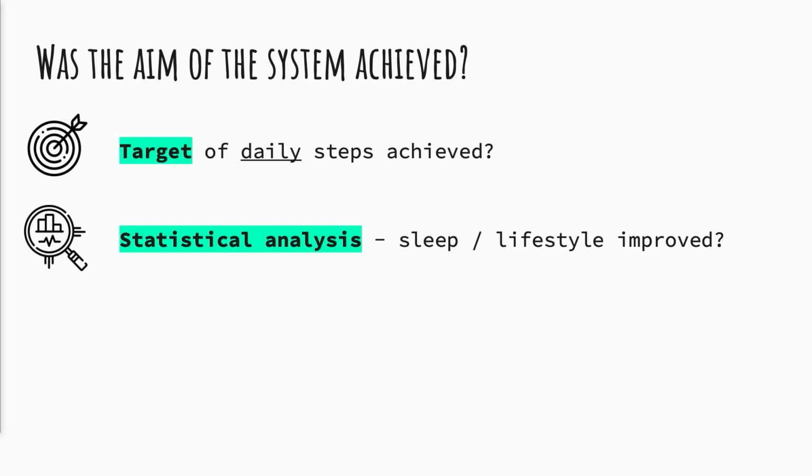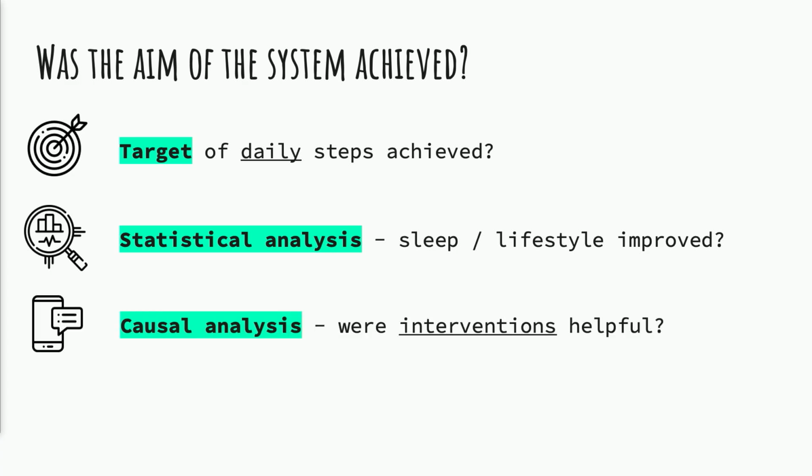And then we can have a look at the whole picture, with statistical analysis, whether the lifestyle and sleep were actually improved. So we can use some graph learning techniques to see whether there were some changes for that. And then we could also use causal analysis to understand whether the interventions were actually helpful as such.